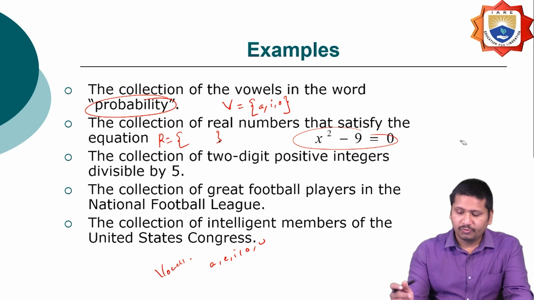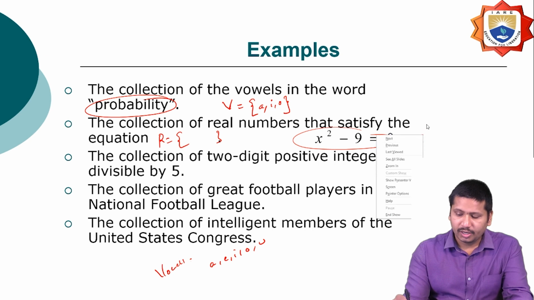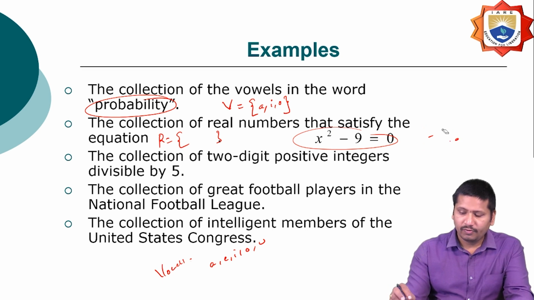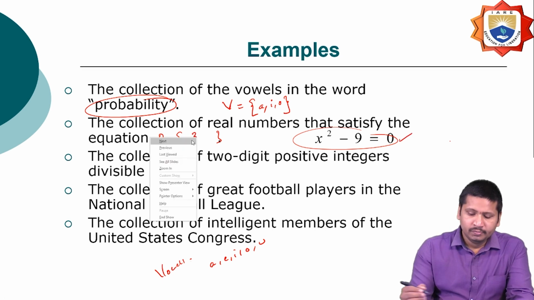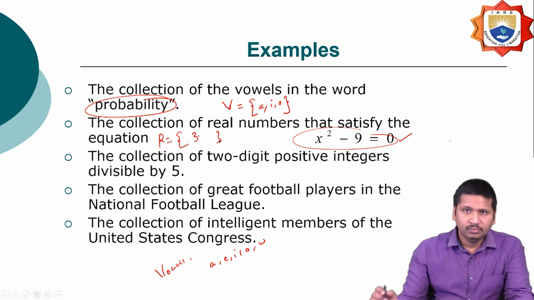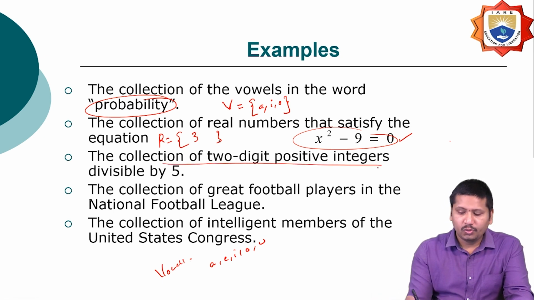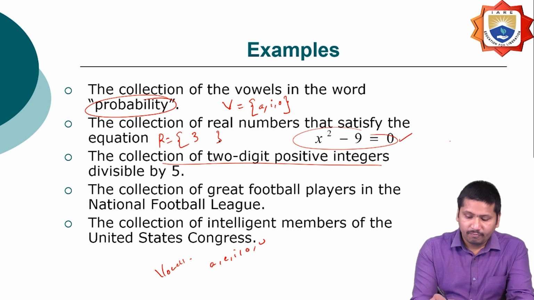And if I consider 3 squared minus 9 equal to 0, that is 9 minus 9 equal to 0. So this is the only value that satisfies this equation. So the set is {3}.